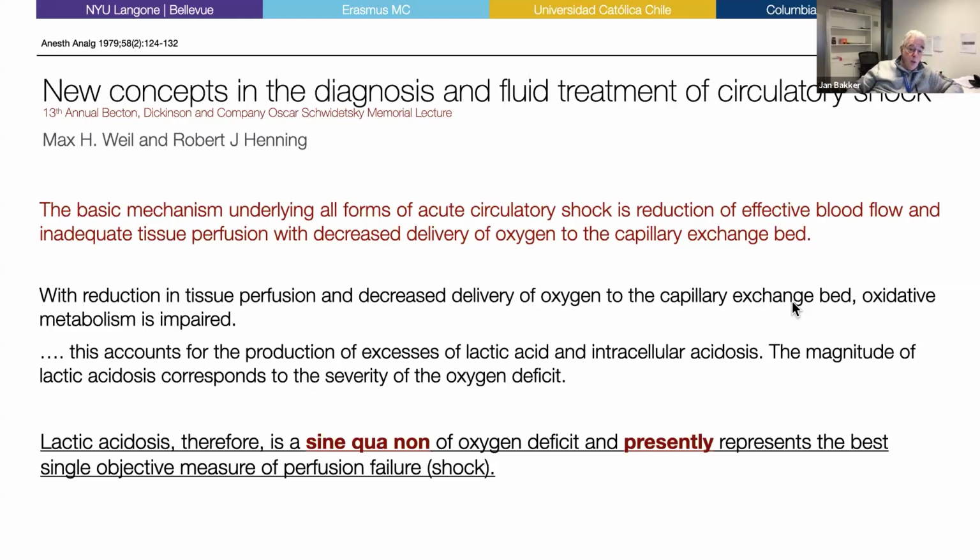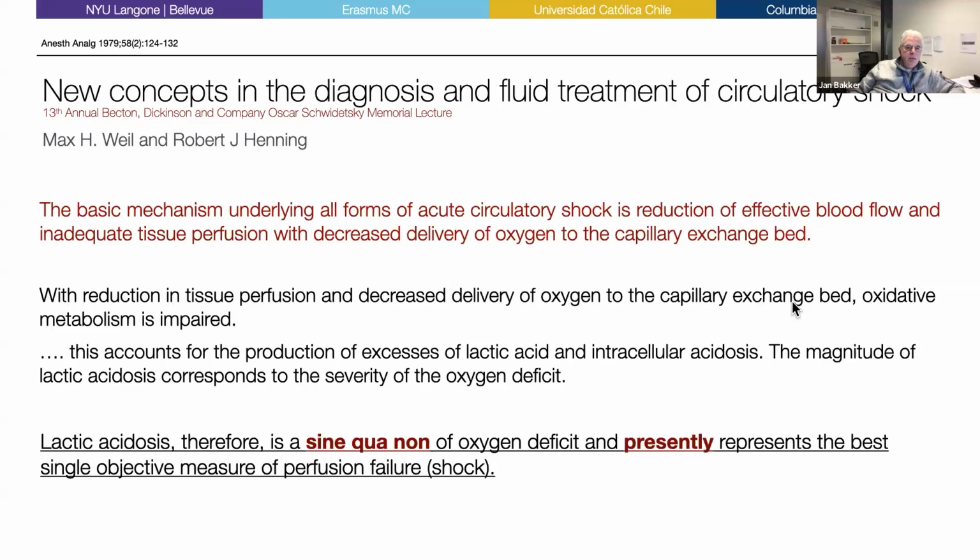Now, how did we come to start using lactate? That's Max Harjola. Max Harjola, I think, is basically the godfather of critical care. HAL, as he was called in daily practice, was basically in cardiology, cardiogenic shock, resuscitation, stuff like that. He was not so much in sepsis. His institute was basically cardiology and cardiology-related problems.